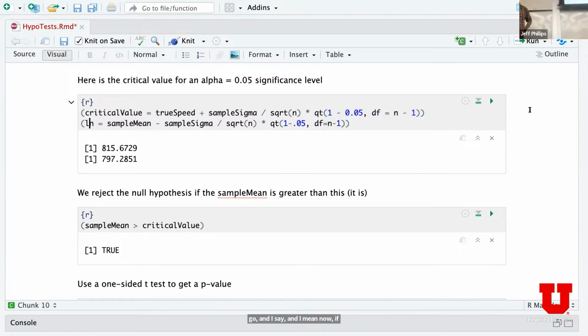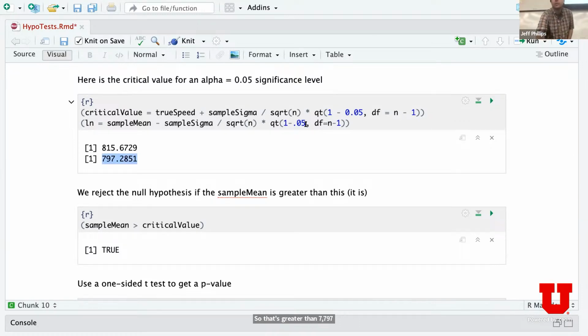Now I'd say my guess is I'm 95% confident that, if my experiment is actually observing something unbiased, so this is from the actual data, if I assume my experiment is totally unbiased, then the true speed of light is greater than this lower bound, 797.